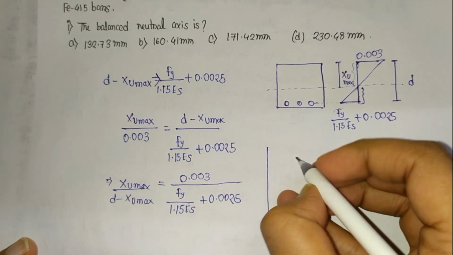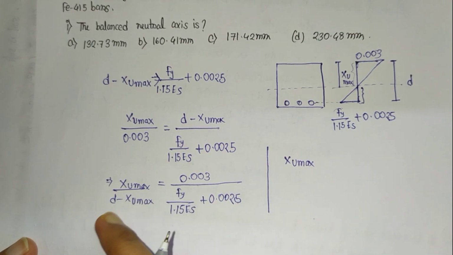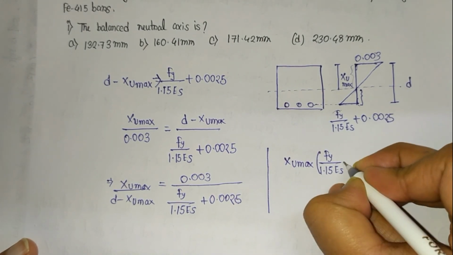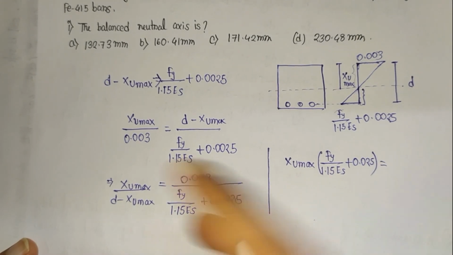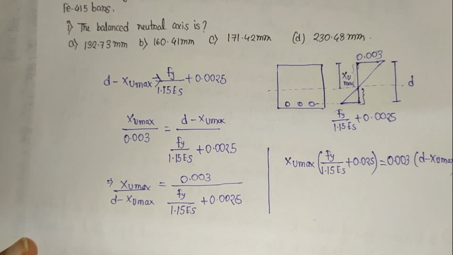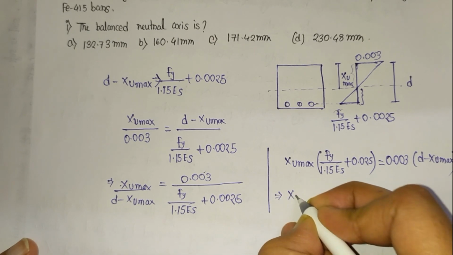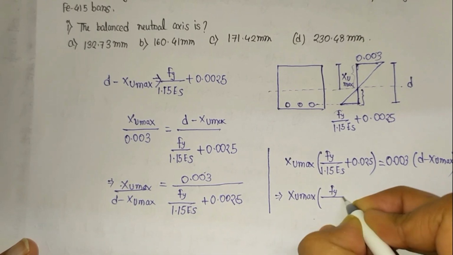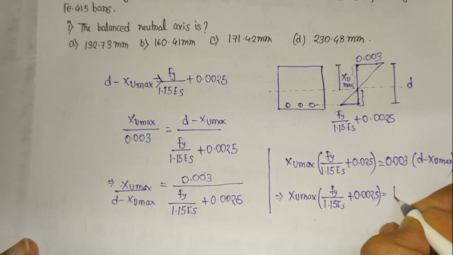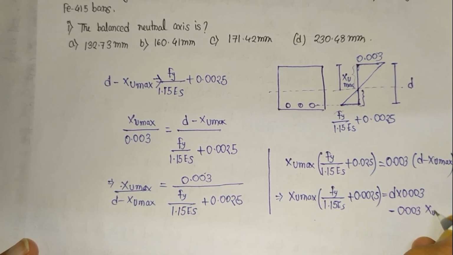Multiplying, we get xu max times (fy by 1.15 Es plus 0.0025) equals 0.003 into (d minus xu max), which is d into 0.003 minus 0.003 into xu max.